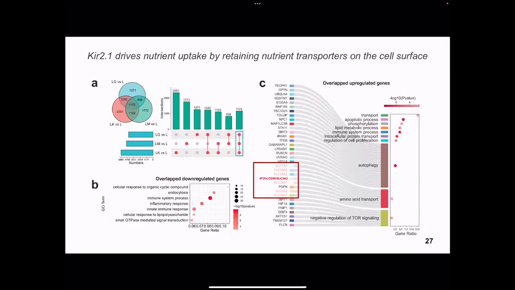And remarkably, we noted the upregulation of a set of solute carrier SLC family members, including the 4F2 heavy chain. This is also known as CD98 or SLC3A2, and this is also recognized as a critical player in nutrient uptake.